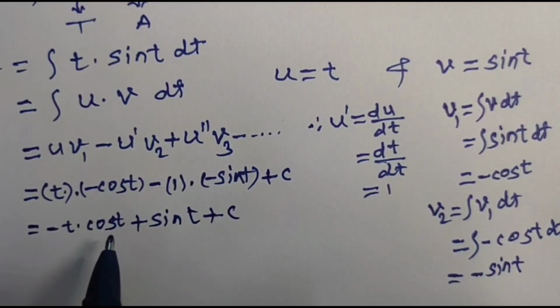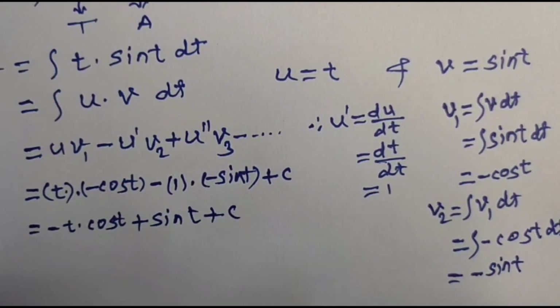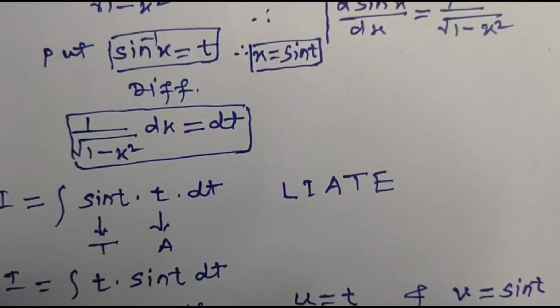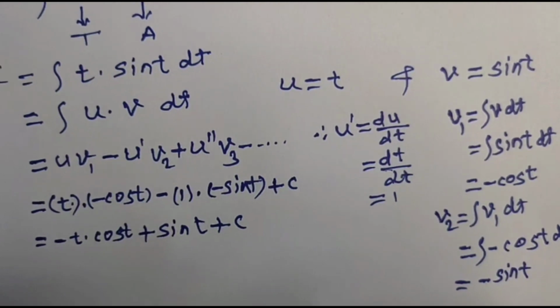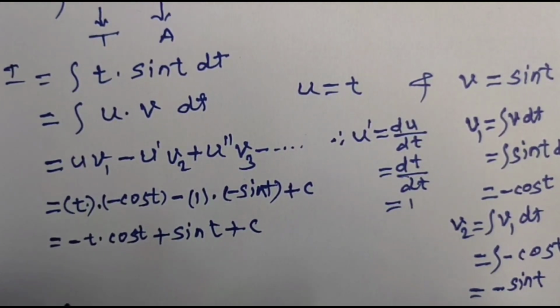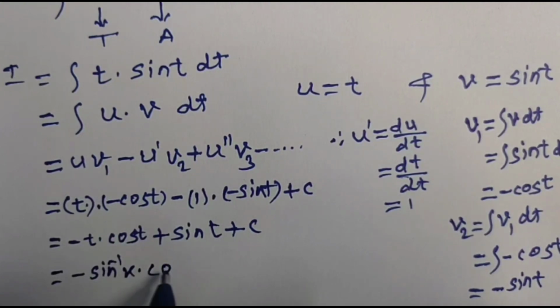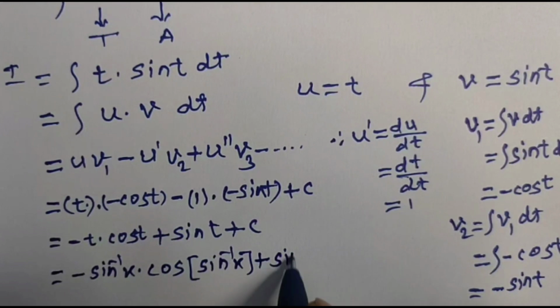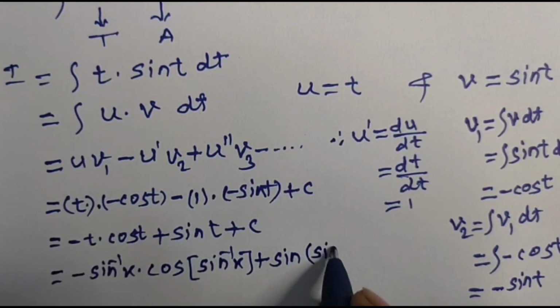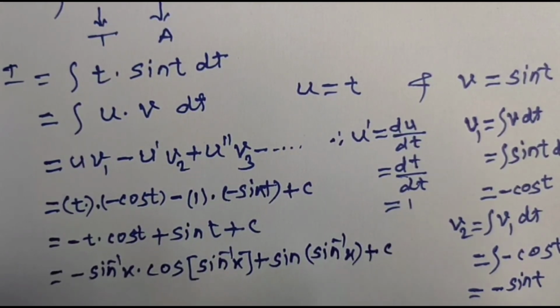But t is a new variable and we have taken t is equal to sin inverse x. So replace t by sin inverse x in our result. So I is equal to minus of sin inverse x into cosine of sin inverse x plus sine of sin inverse x plus integral constant c.